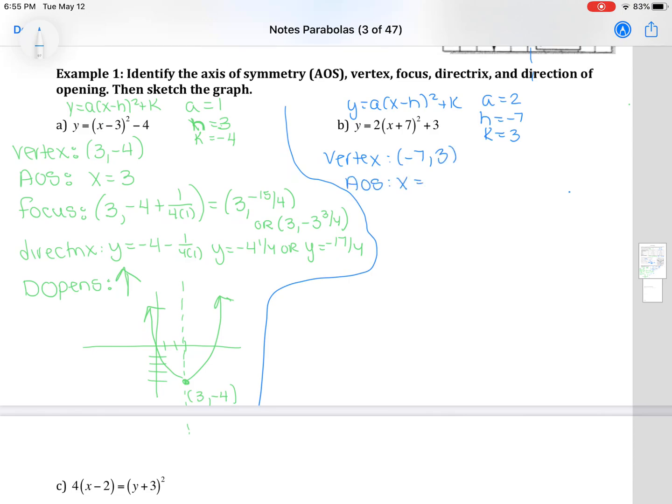Axis of symmetry is still x equals our h value, which is -7. Focus is a point, so we have h comma k plus 1/4 times a, so it's 3 plus 1/8. When you simplify that down, you get -7 and either 3 1/8, or -7 and 25/8, either one.